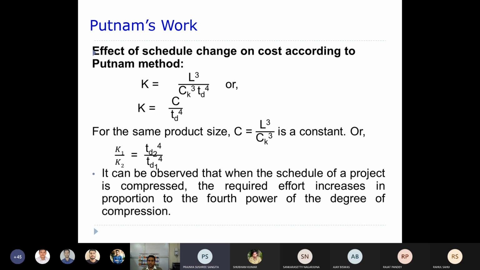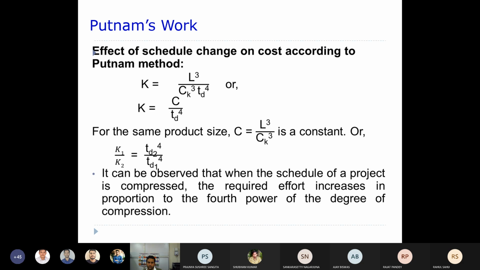You assume like this. I said K1 by K2. Initially you have K1, and the time initially required is, let's say, T only.